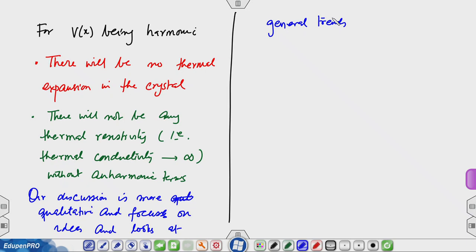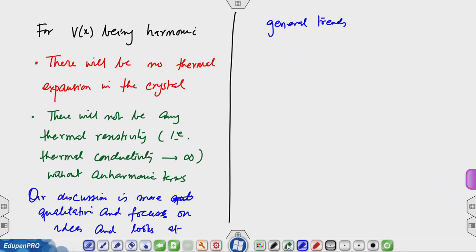A more precise calculation can of course be done, and that requires a little more sophistication. But the general ideas are precisely what we are going to discuss here.